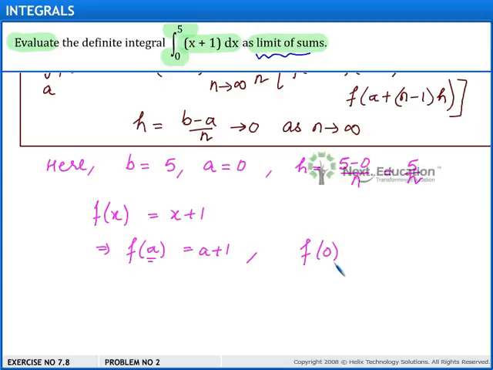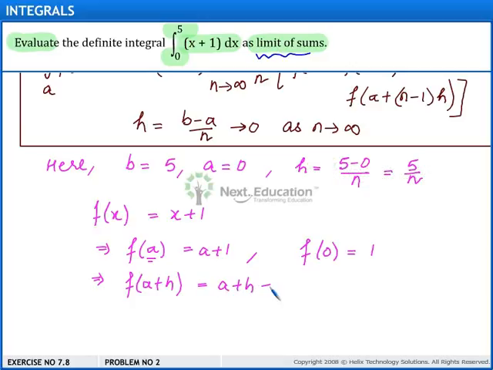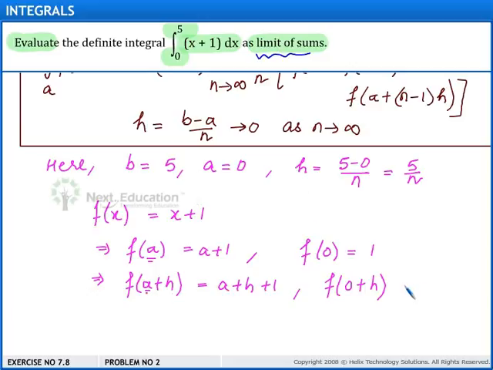So we have f(0) is equal to 0 plus 1, that is 1. Further, this implies that f(a plus h) is equal to a plus h plus 1, and this implies that f(0 plus h), since a is 0 and h is 5 upon n, is equal to 5 upon n plus 1.